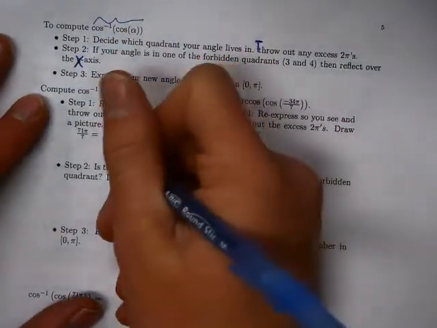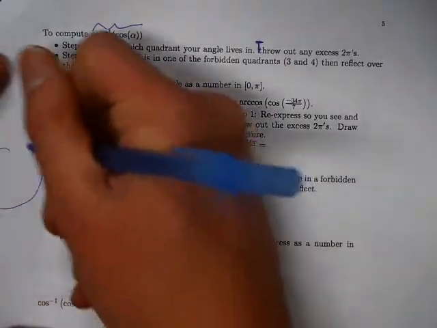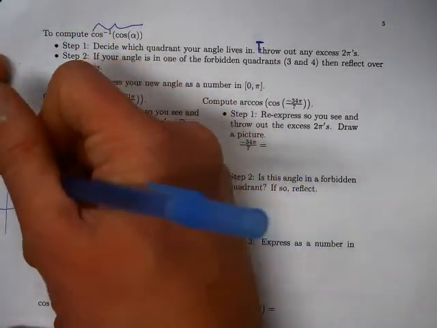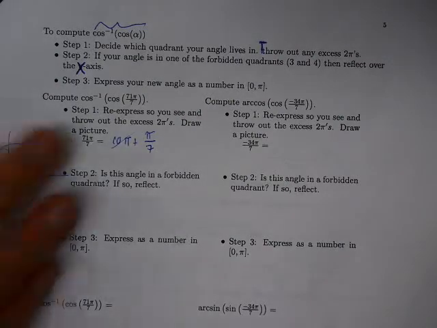And the 10 pi's, if you like, we can just throw out. So we should think of a reference angle of pi over 7. Draw a picture. There's a picture of an angle of pi over 7. Is that in an acceptable quadrant?